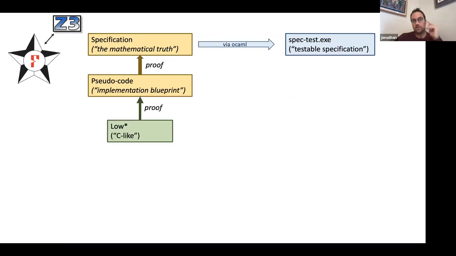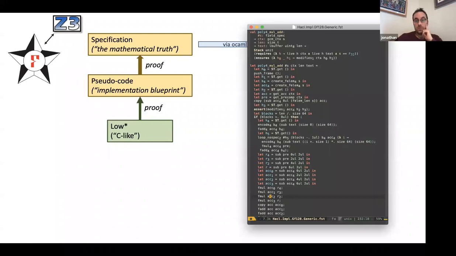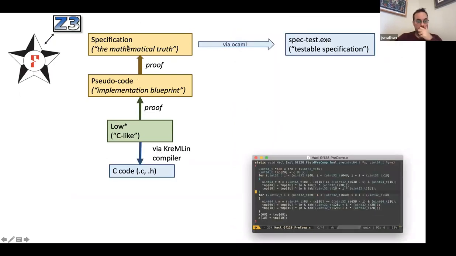And then my final step is to write the C-like implementation in that Low-star subset that will look something like this, and then do yet another proof that this refines the pseudocode, which in turn refines the mathematical specification. I invoke the KReMLin compiler to get C code out of my Low-star code, and then I get something like this, which is the result of extracting the verified code and generating C out of it.